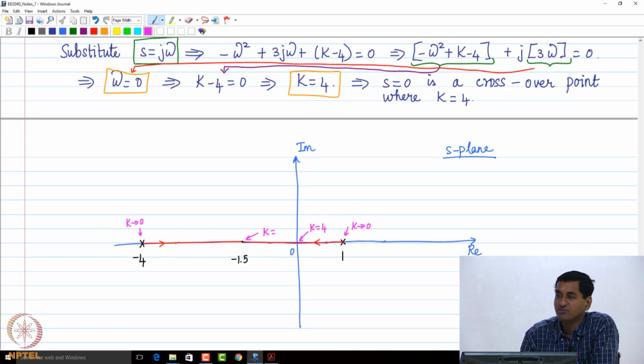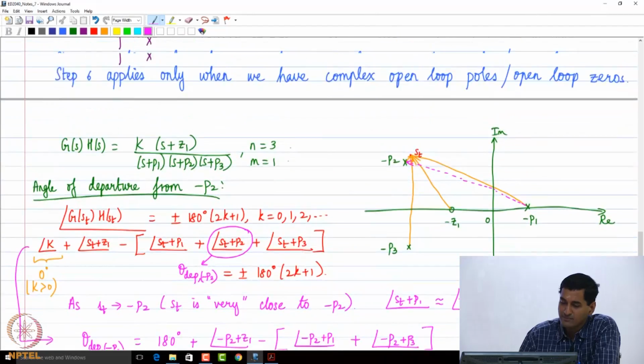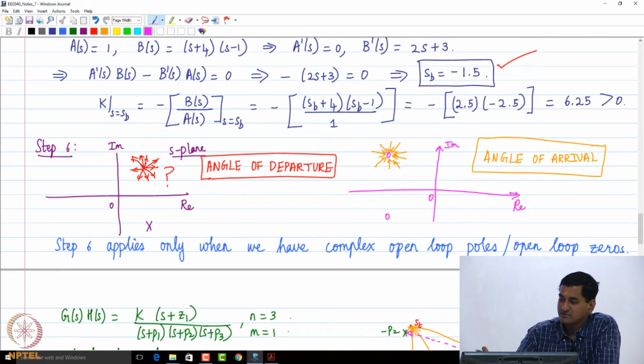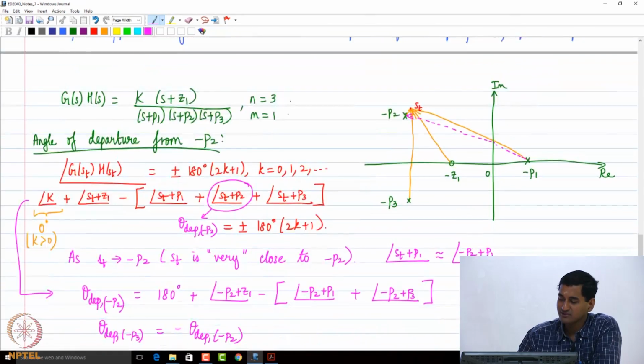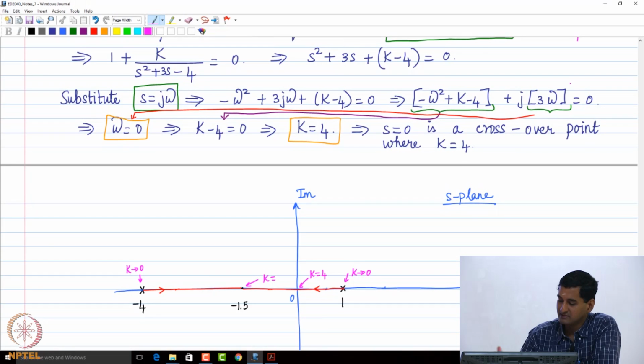If you go back to step 4 at the breakaway point, what was the value of k that we calculated? It was 6.25, that is what we can see. So, we need to mark that.